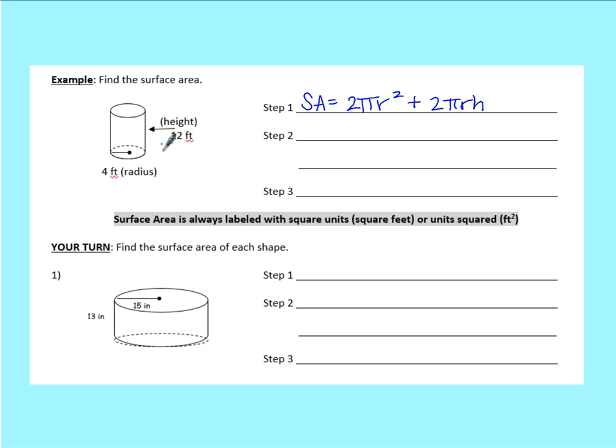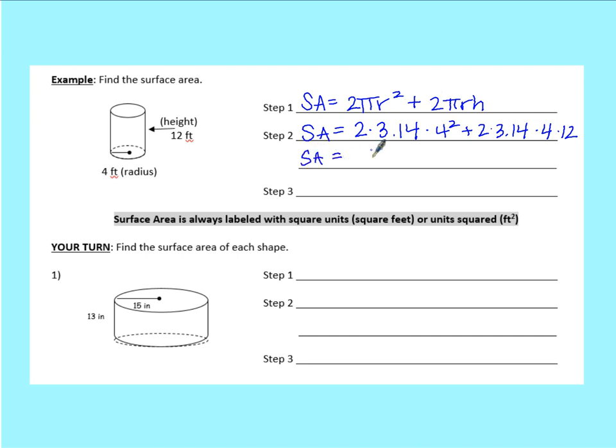Height again is 12 and our radius is 4. So we go ahead and we replace everything that we know. 2 times pi is 3.14 times our radius squared is 4 squared plus 2 times 3.14 times 4 times our height is 12. That replaces all of our variables with numbers, so we can go ahead and solve this.